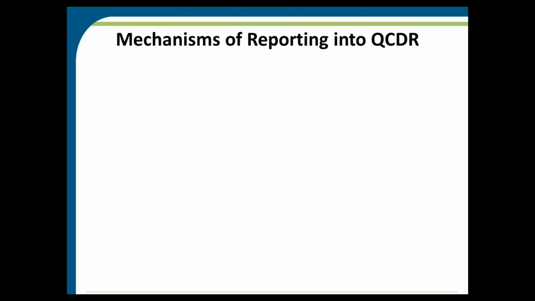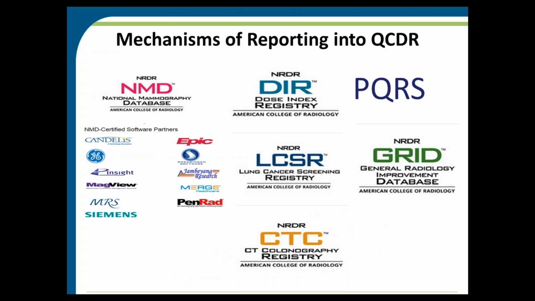Next, I want to spend some time because, as I mentioned, the National Radiology Data Registries has a menu of registry options or databases that you can select that can actually report directly into the QCDR and help you meet your PQRS reporting requirements. I'm going to go ahead and show you.